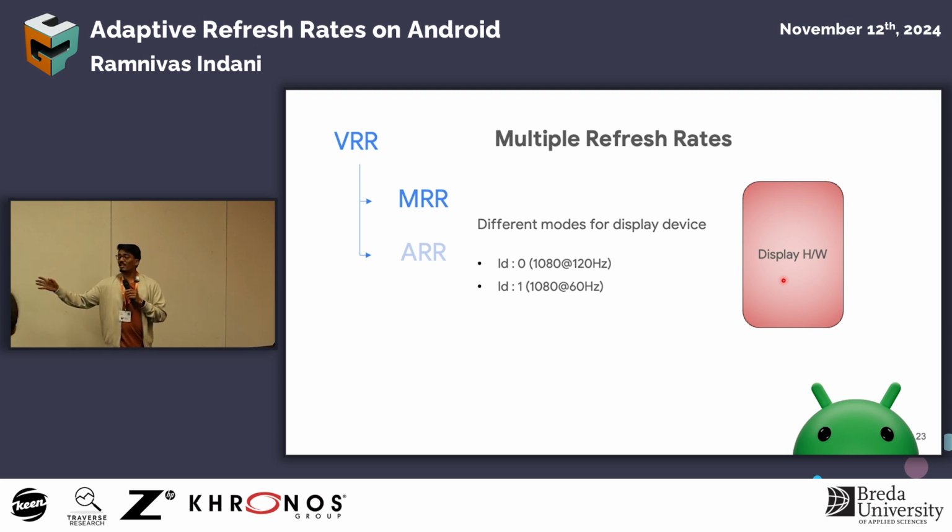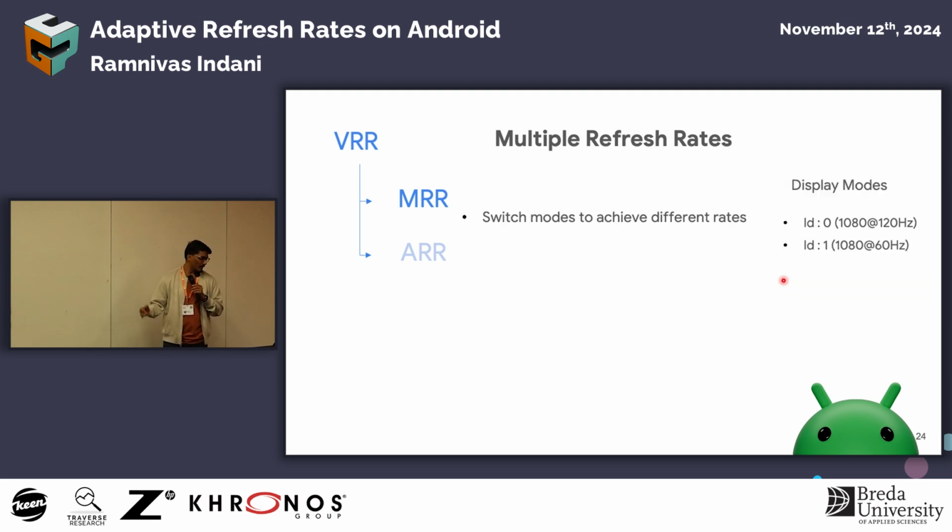What a display mode means here is that when we switch to mode 0, the display vsync rate changes to 120, or when we switch to mode 1, the display vsync rate changes to 60. So it actually changes the rate at which the display is working. This is a mode change at the hardware level. So in order to change the refresh rates in MRR, we have to switch the modes, which is a request to the display side, the hardware side.